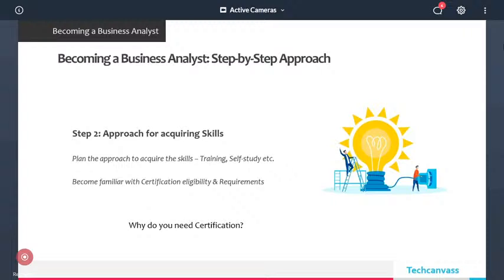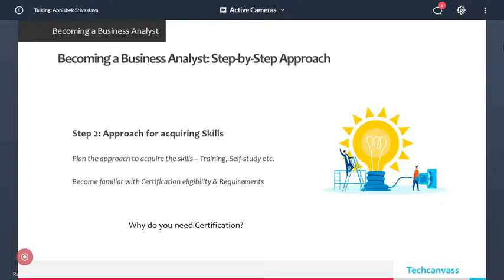Do I start studying myself? Do I need to first research, understand it before I get into a training program? Or I don't need a training program, I can learn it online. There's absolutely no restriction anywhere. But you need to decide what works for you.